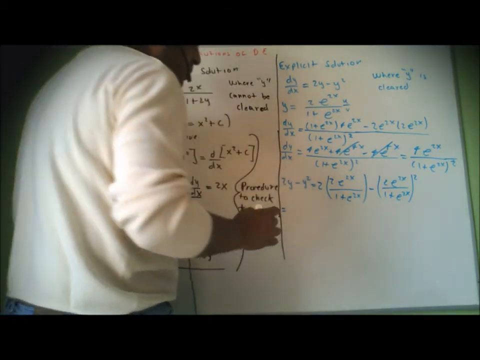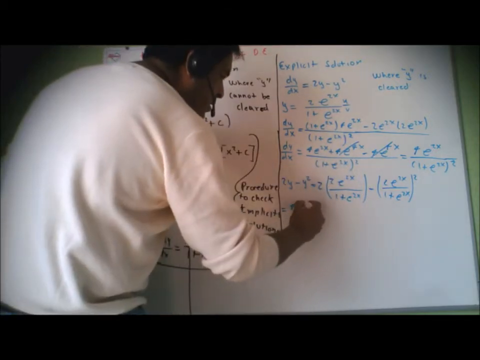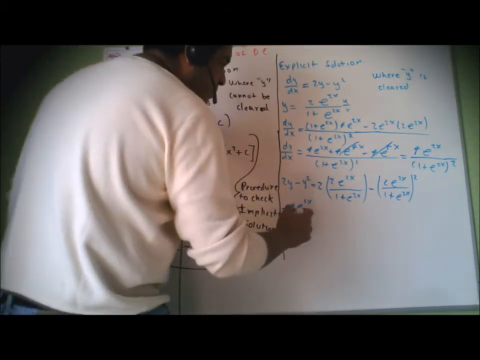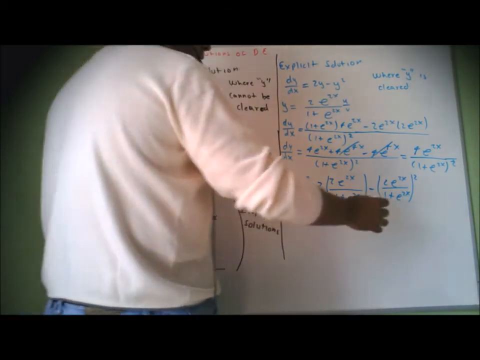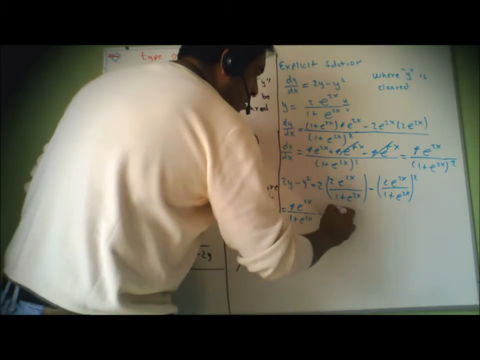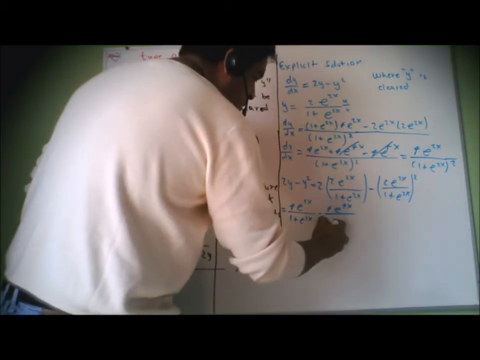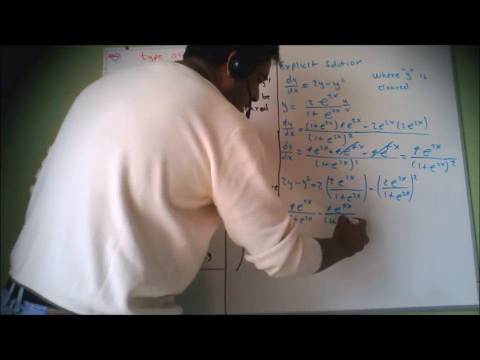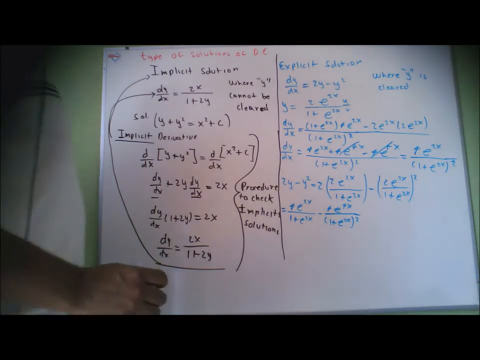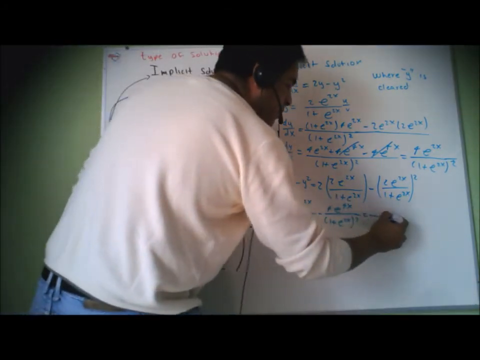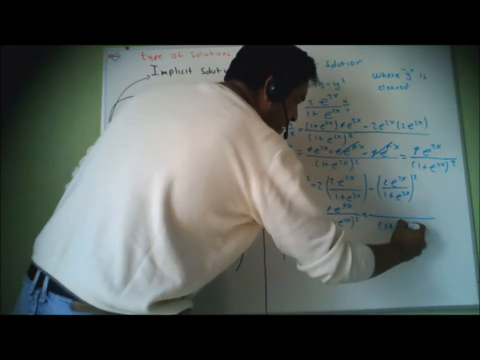So this is equal to this times this, which is going to be 4 exponential of 2x divided by 1 plus exponential of 2x, minus, here the power is going to be 4 exponential of 4x, be careful here, divided by (1 plus exponential of 2x) squared. Okay, now let's do a common denominator here. The common denominator is going to be (1 plus exponential of 2x) squared.